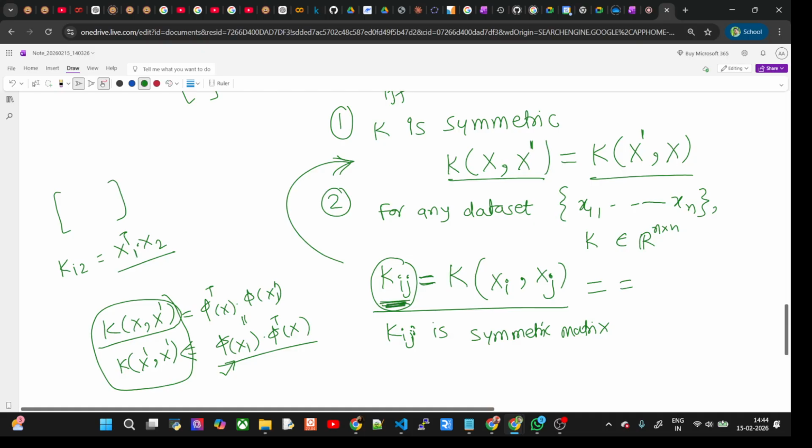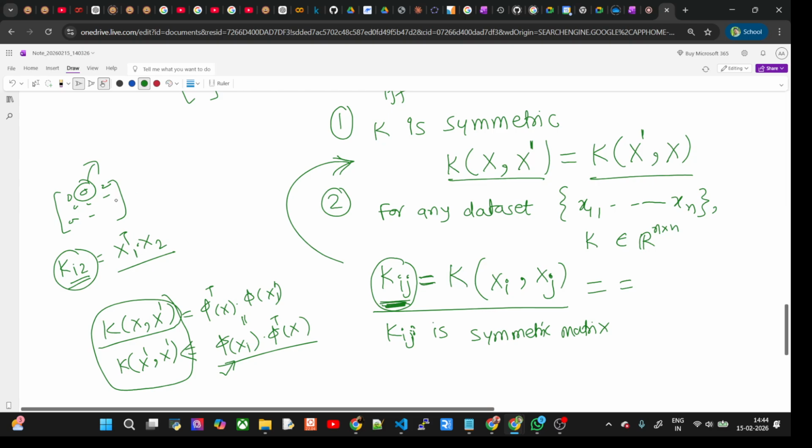Like we saw the 1,2 value, and from the bigger matrix we know the first row, second column value. If both are the same, then this kernel is a perfectly valid kernel.